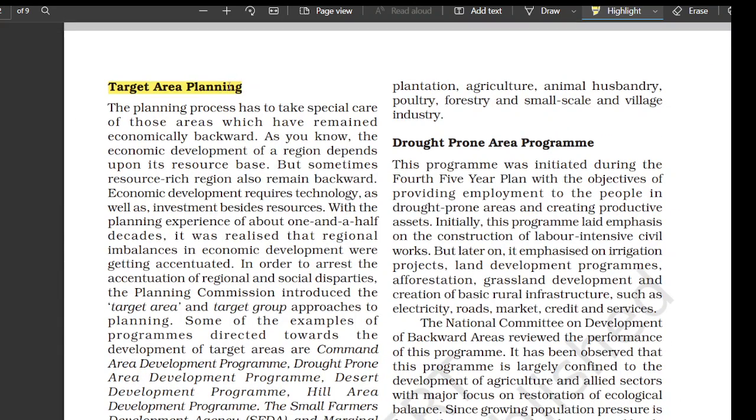Target area planning. The planning process has to take special care of those areas which have always remained economically backward.